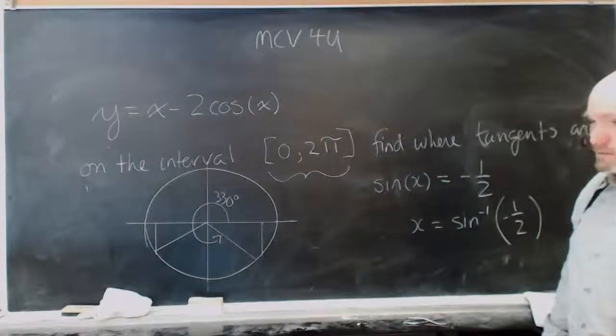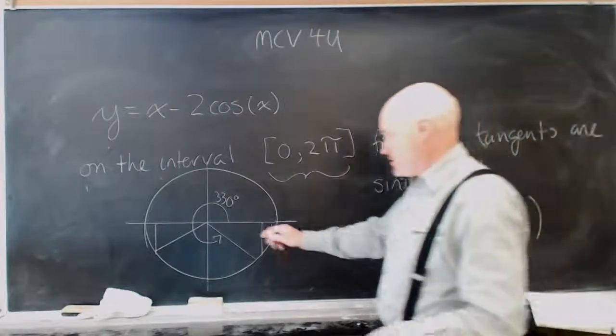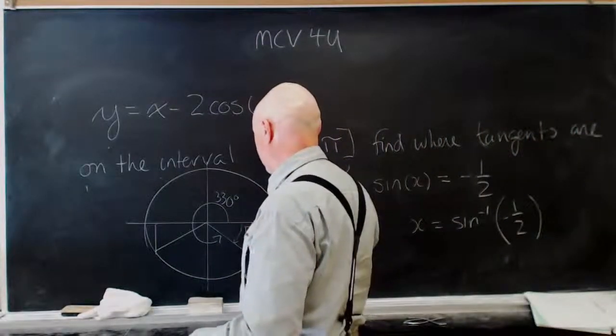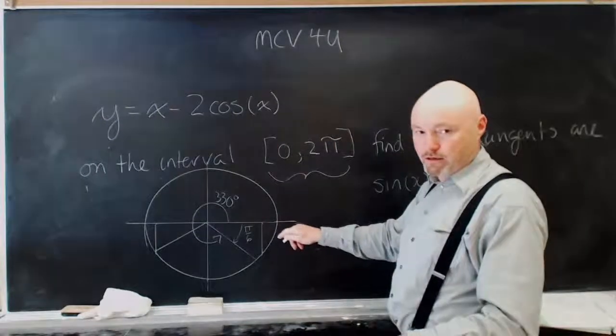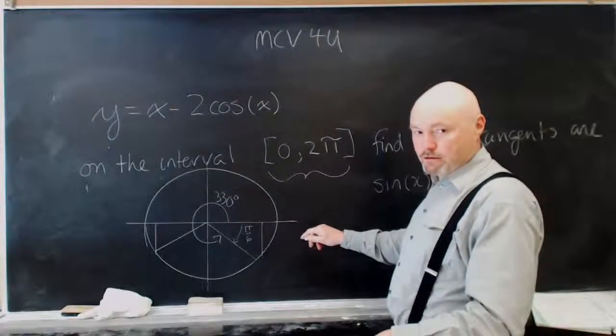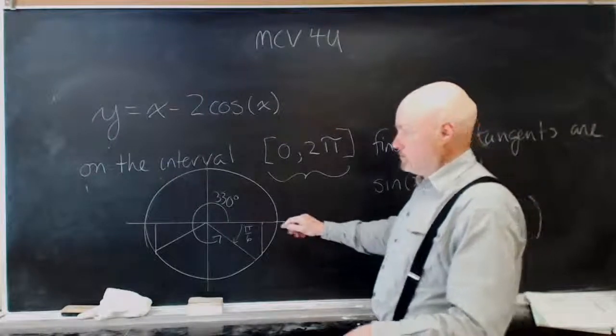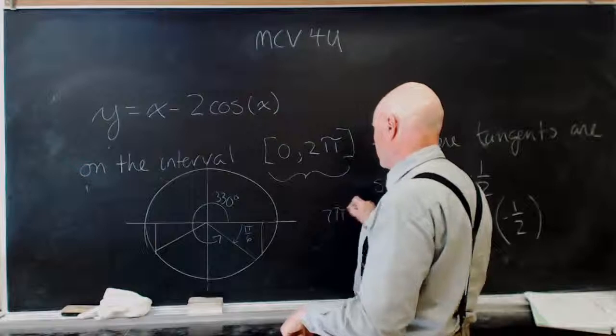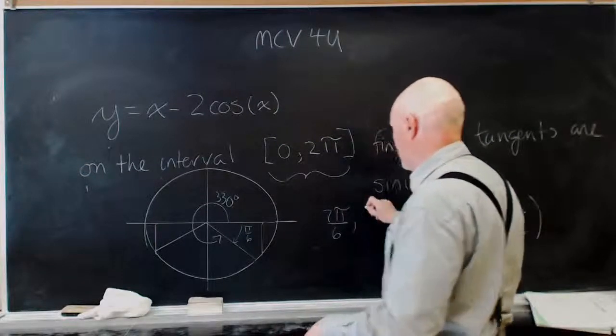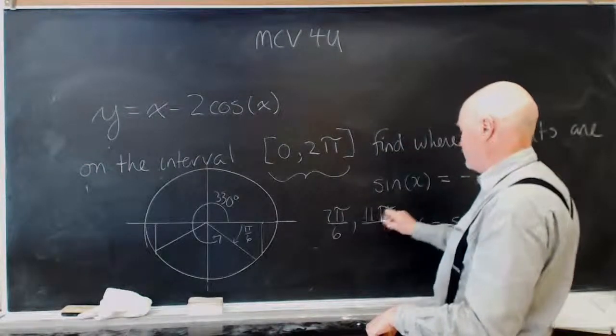I don't remember how to say them in pies. There's 2 pi all the way around, so it's 7 pi over 6 and 11 pi over 6. So 7 pi over 6, and the other one would be 11 pi over 6.